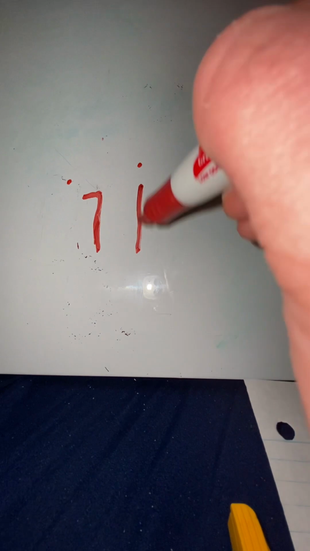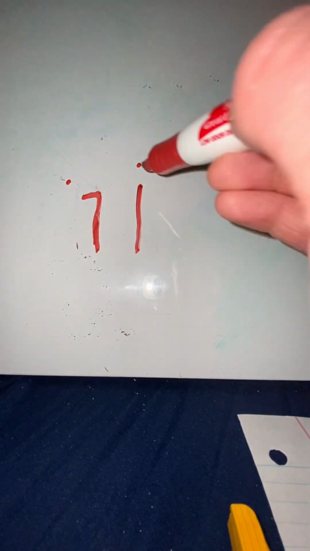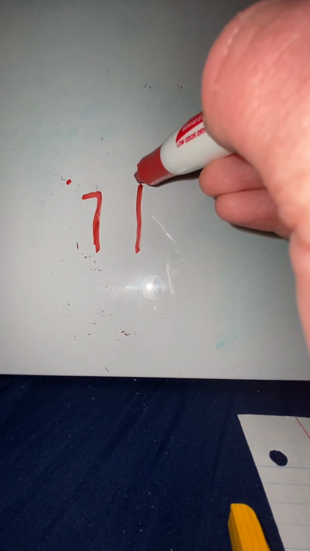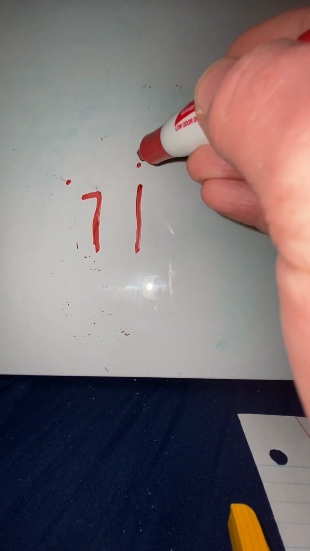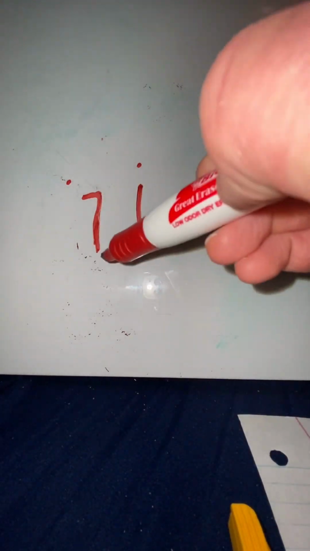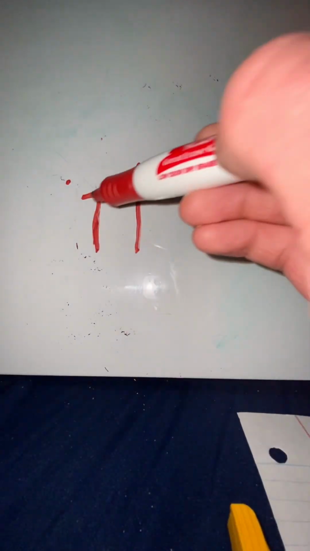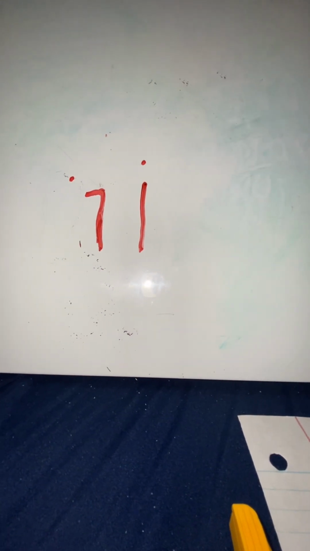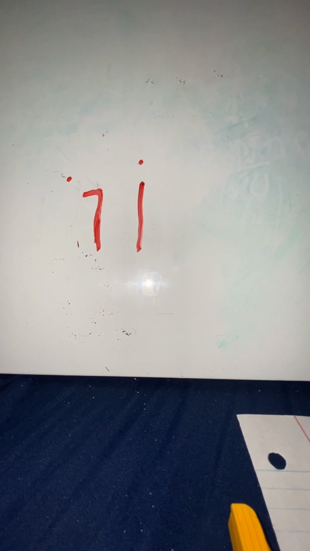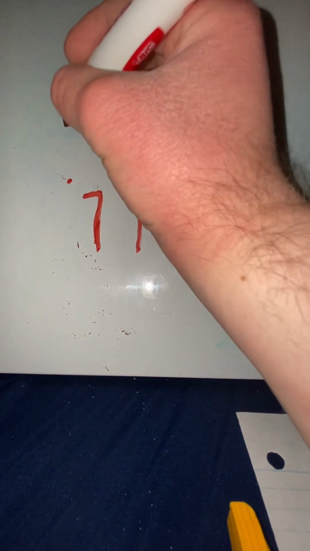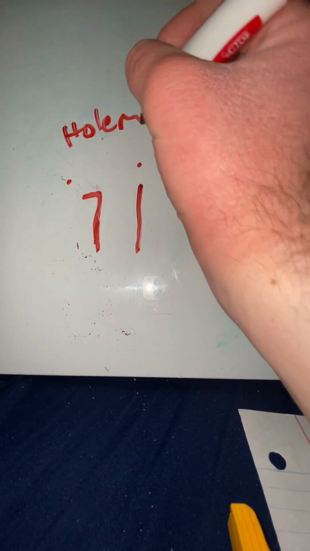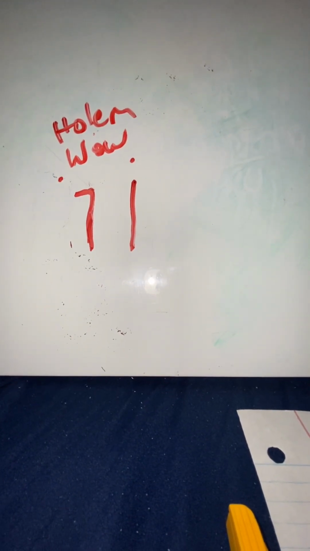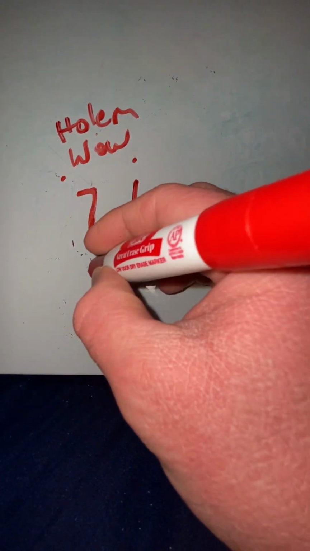So if you write it like that, basically like an I, but it's taller than an I, but it has a dot at the top, and then you have this one here, which will be at the top left if you were to write it like that. Before I move on, before I forget, this is Holam Wow is what the name of this one is, and it makes the long O sound. Long O.